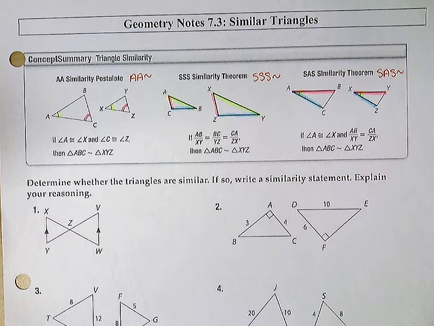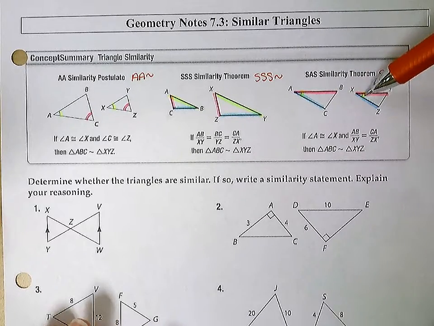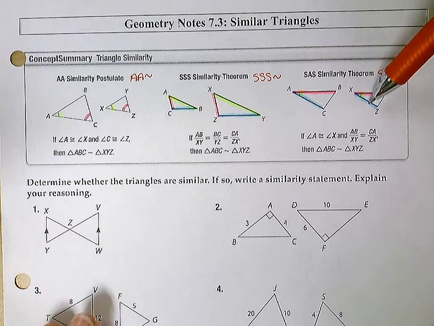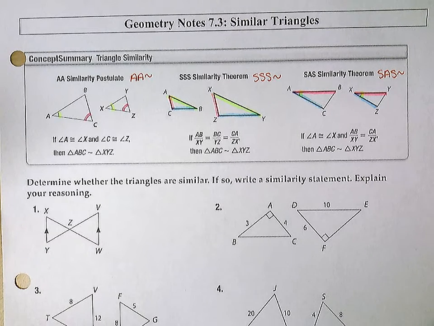So that angle is between those sides that you would make those equal ratios for. So again, side angle side, you need 1 angle congruent, and then your ratio between your sides here have to be the same as well.